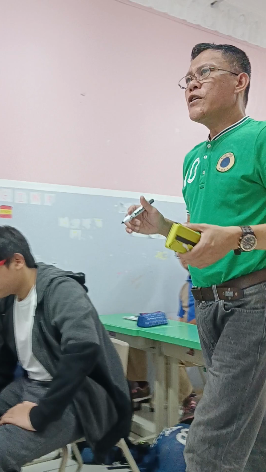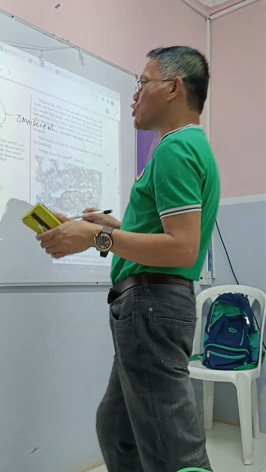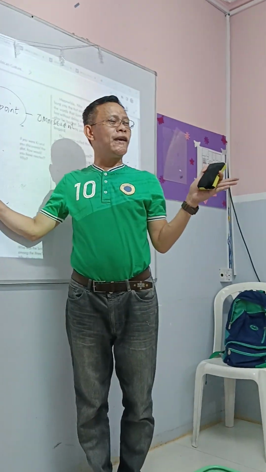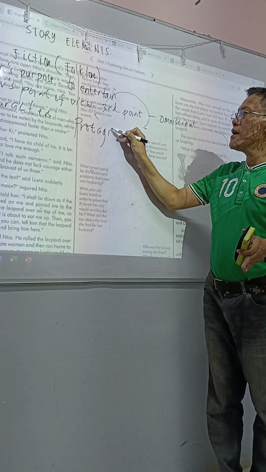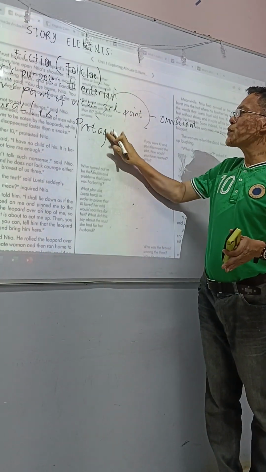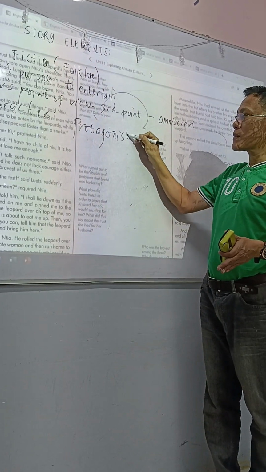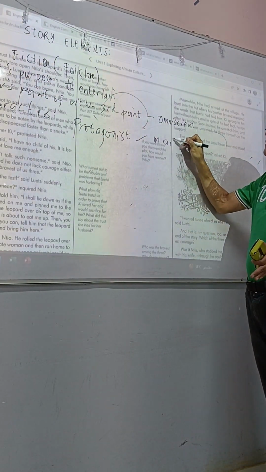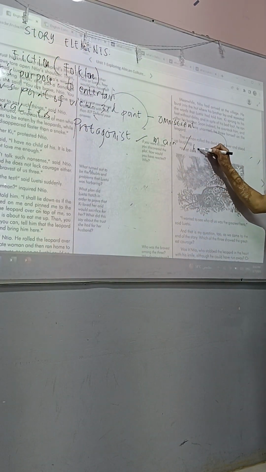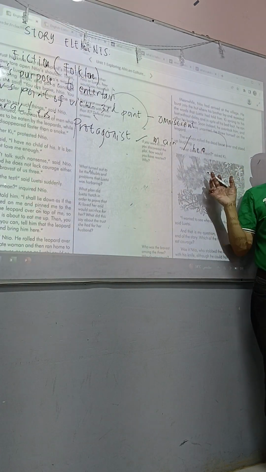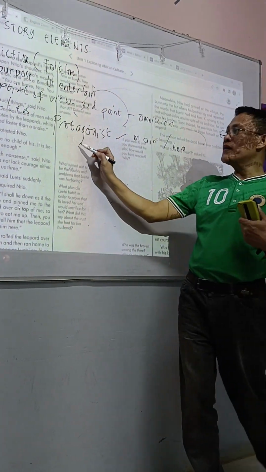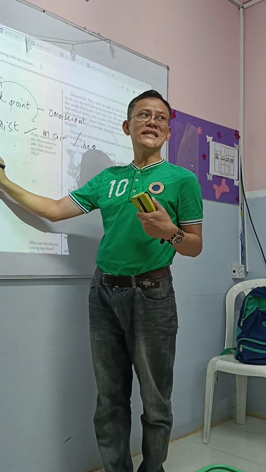Okay. In those characters that you mentioned, who is the protagonist? By the way, what is protagonist first? The main character. The hero. What else? The good character. And what is the opposite of the protagonist?